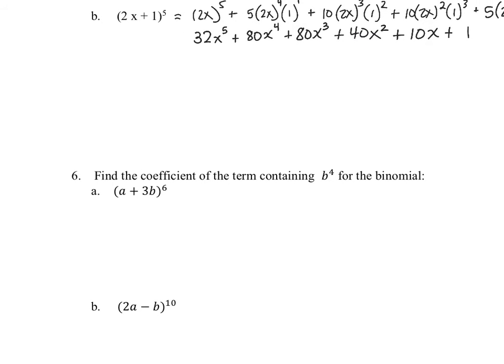So one way we can do this is using the binomial coefficient theorem, which would be 6 choose 4. And if you remember the formula, that's 6 factorial divided by 4 factorial multiplied by n minus r, which is 2 factorial.